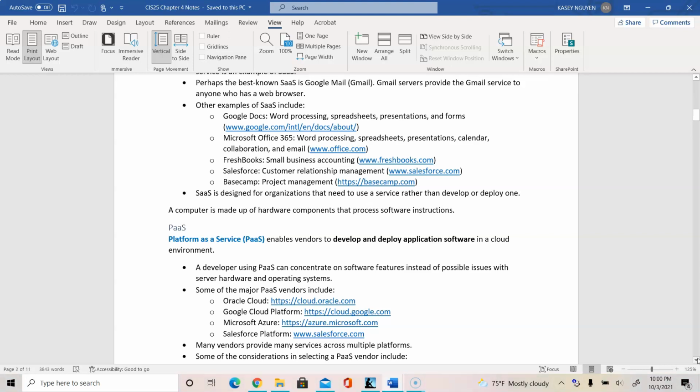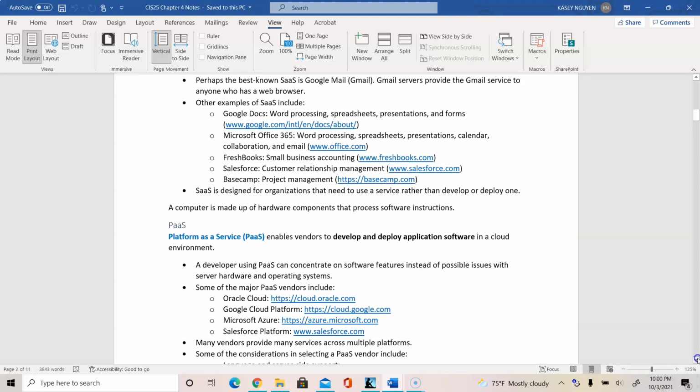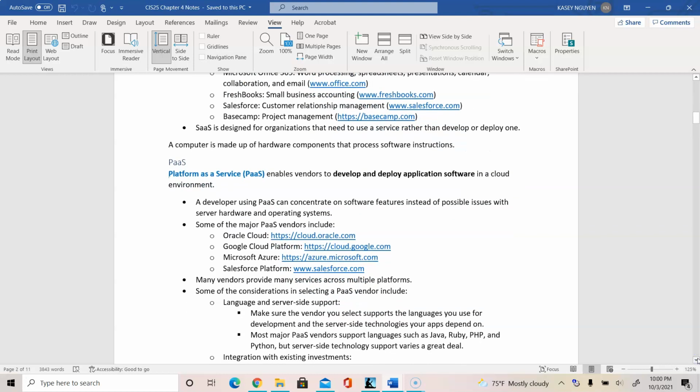Some of the major vendors include Oracle Cloud, Google Cloud, Microsoft Azure, and Salesforce, and vendors have many different types of services to choose from across multiple platforms. Language and server-side support is needed in this type of environment.